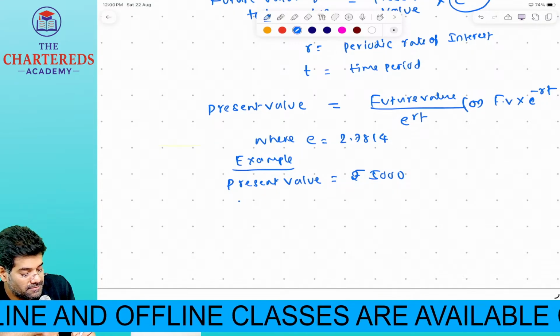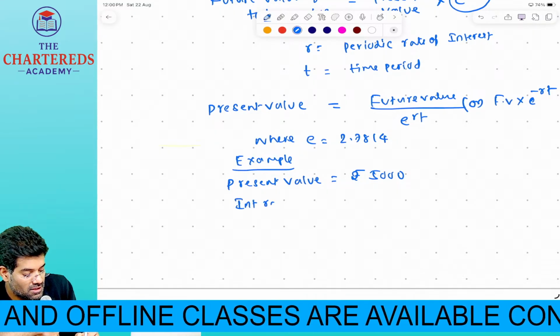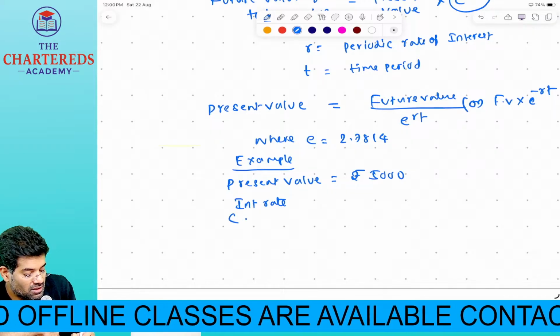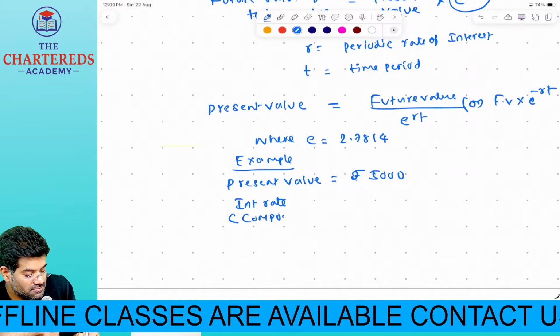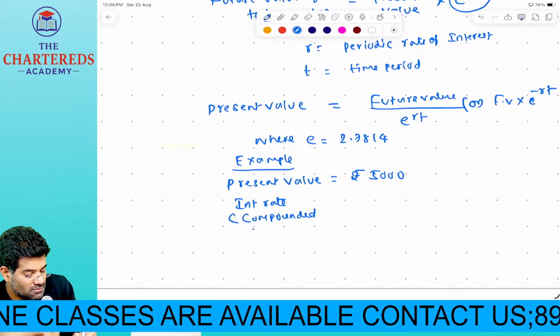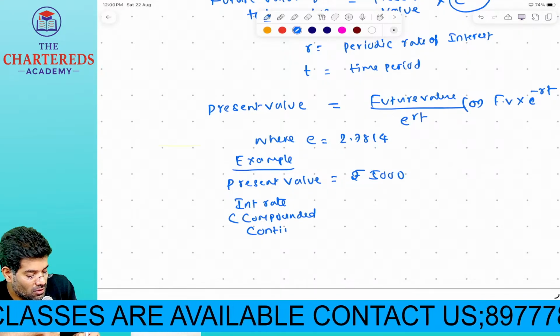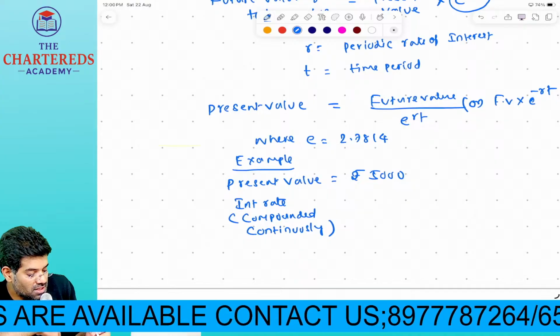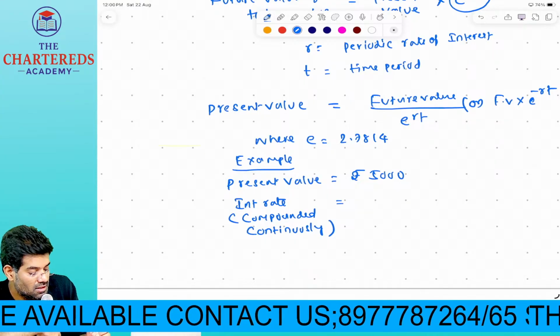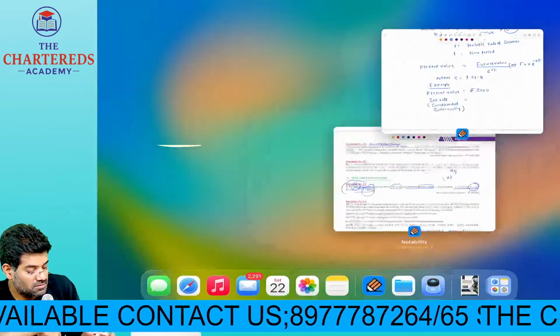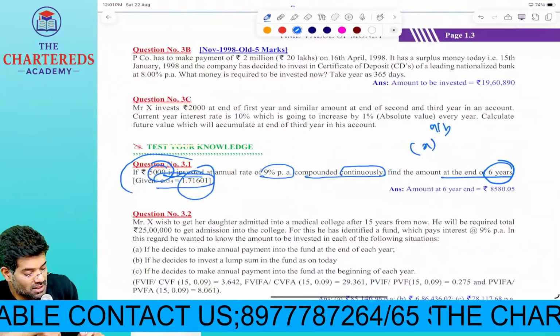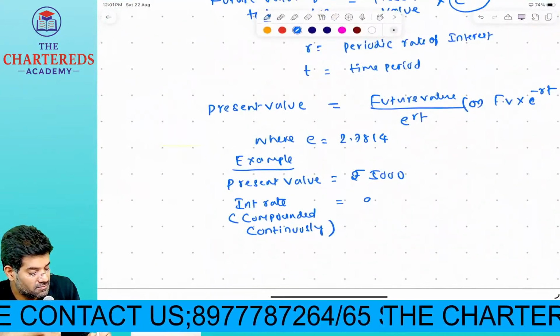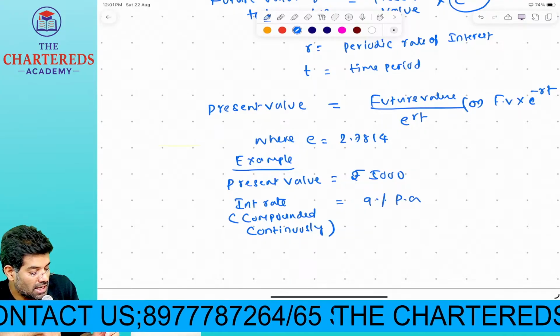Interest rate compounded continuously is equal to 9% per annum.